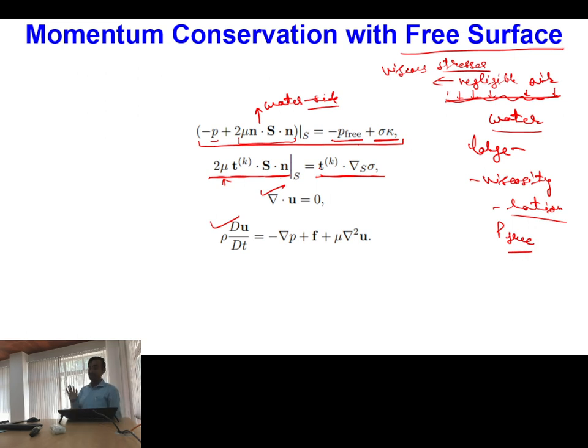And this is not only limited to the air water system, this approach can be applied to all systems where you have a large viscosity ratio. Is this one clear? So here we are saying two fluid approach, but we are only doing it in one fluid system, and because of the presence of the free surface, some of the dynamic boundary conditions have simplified.